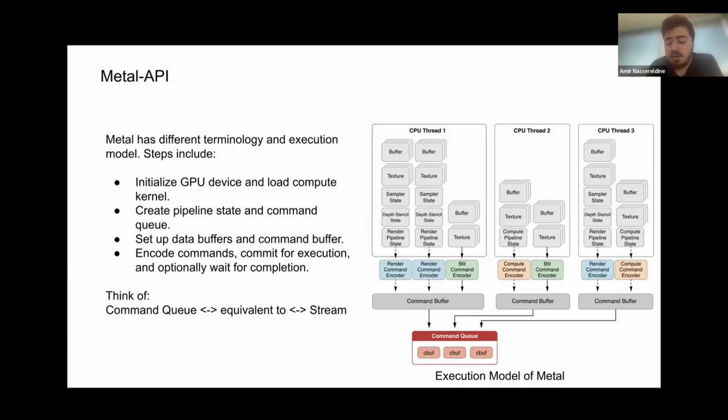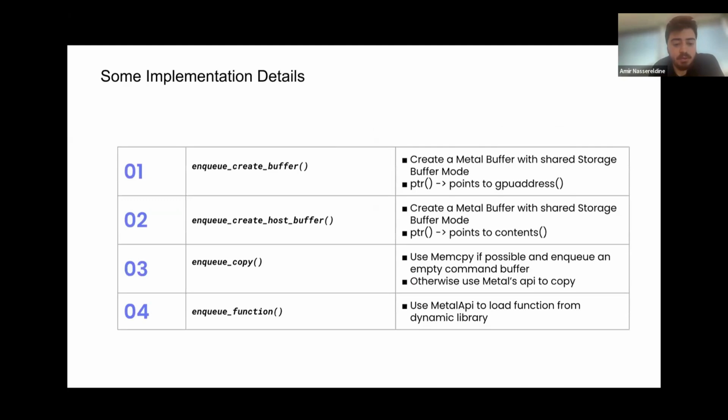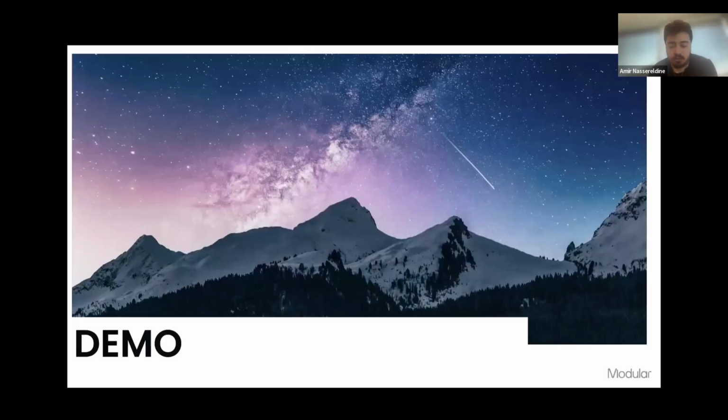This is all handled by the execution engine. Here are some sample details of enqueue create buffer and enqueue create host. I think the best part now is showing you a demo. If anyone has questions now, feel free to ask.